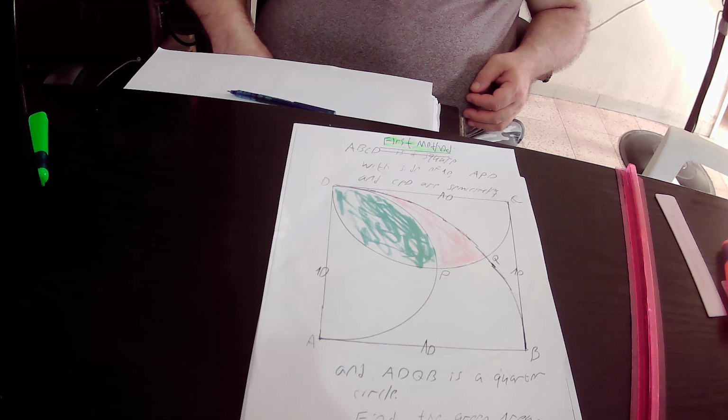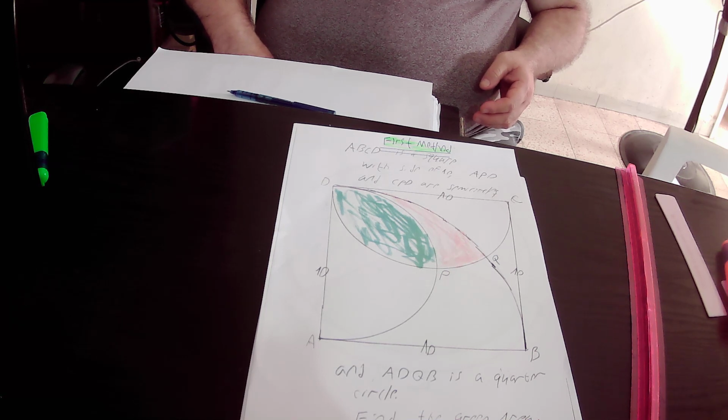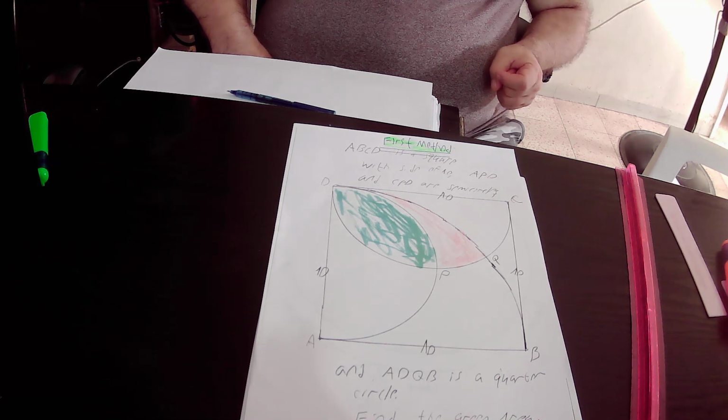So both the big lens and the blue lens were created by the intersection of two shapes that are perpendicular to each other. So we create a general formula that gives us the area of a lens that was created by two shapes that are perpendicular to each other.